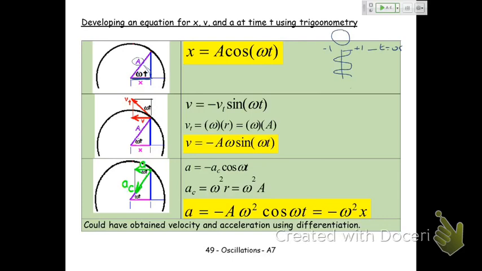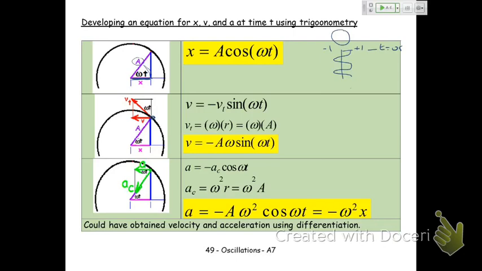Okay, so let's do a bit more. So now I know my circular motion has a certain tangential velocity, and if I can find the horizontal component of that, then I will have the velocity of my oscillator.